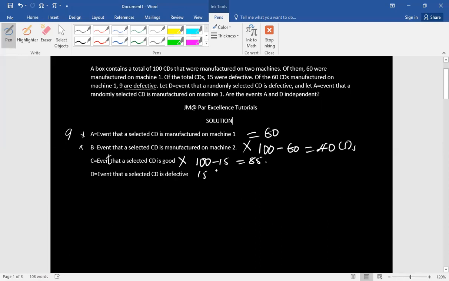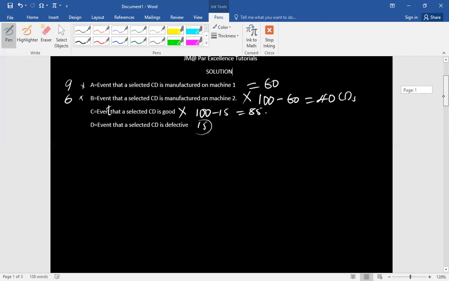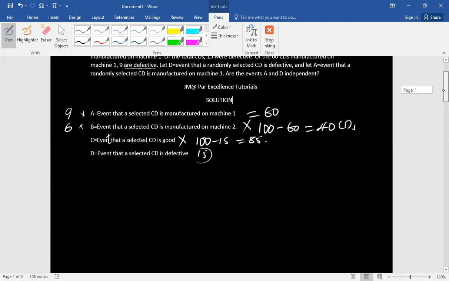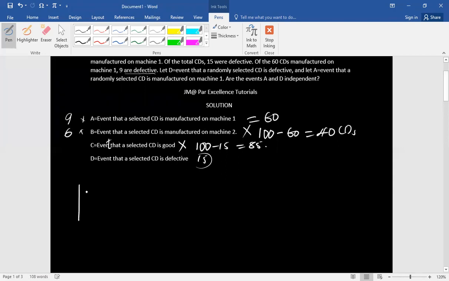The total number of defective CDs is 15, so 15 minus 9 gives us 6. Which means that 6 were the defective CDs manufactured on machine 2. So if 9 were defective on machine 1, how many were good on machine 1? To make these things simple, we can't just be talking here and there, let's come up with a two-way classification table.